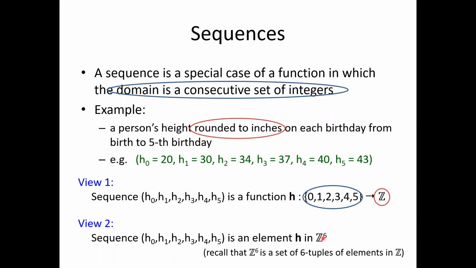Recall this notation, because we will be using it all the time. It stands for the Cartesian product of the integers with itself 6 times. In other words, a set of 6-tuples whose every element is an integer, things that look like this, where each of these h_i is an element of the integers.